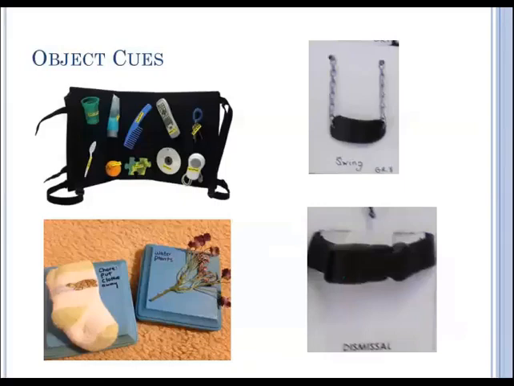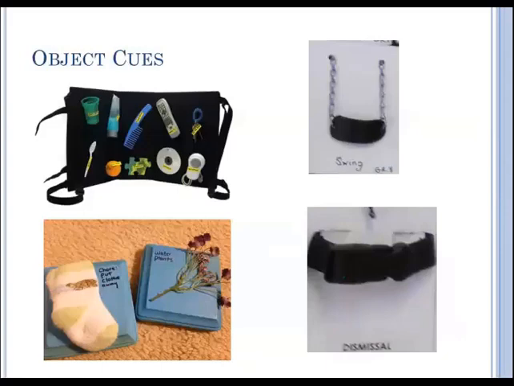As a clinician, I've found that the best sources and resources around object cue creation come from the field of visual impairments and deafblindness. Particularly in the field of deafblindness, they use object cues quite a lot, and those folks are really quite skilled in coming up with different kinds of object cues to represent activities and places and people.